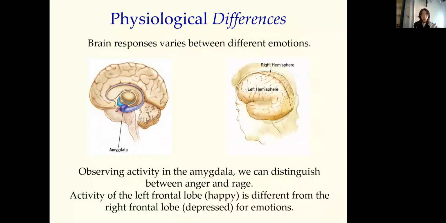And we can see that activity of the left frontal lobe, which is related to the emotion of happiness, is different from the right frontal lobe, which is related to the emotion of depression. So we can locate different emotions in our brain. However, the research on brain responses and emotions is still limited today.